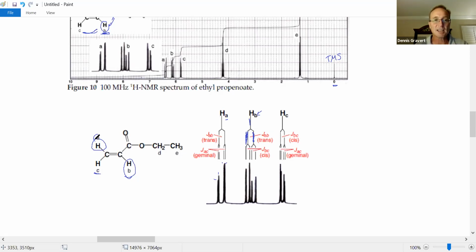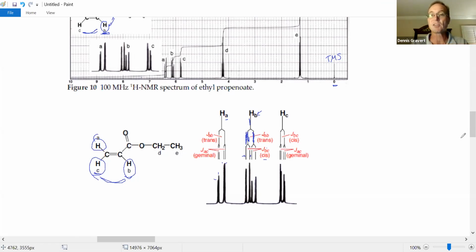That makes sense. The coupling constant corresponding to the neighbors A and B. And then each of those peaks is being split again by this neighbor, neighbor C. Its coupling constant is smaller. It's labeled J, the coupling constant between B and C. And it happens to be the cis hydrogens. There you go. So that's the notation.